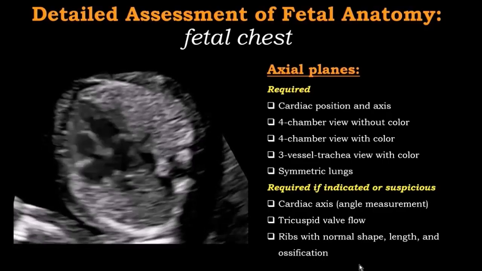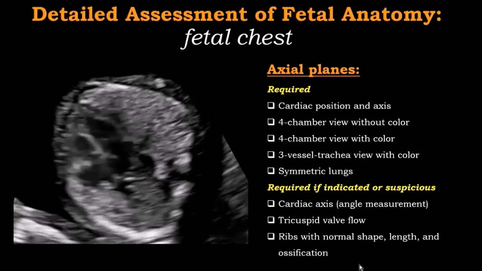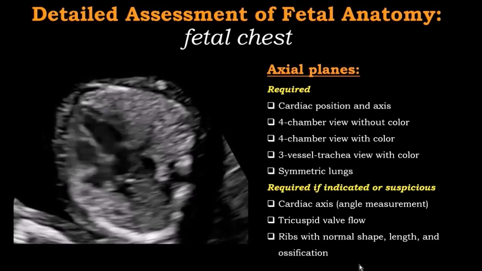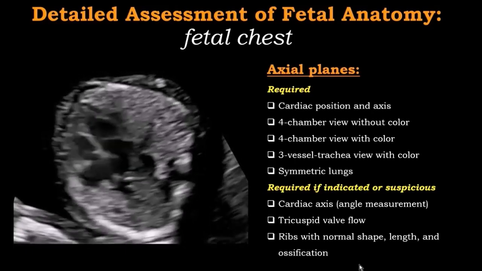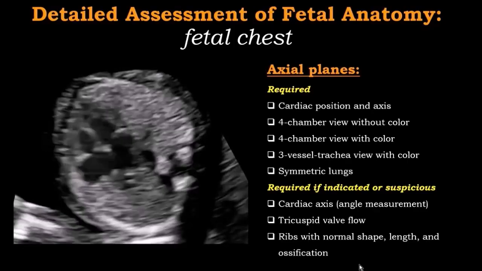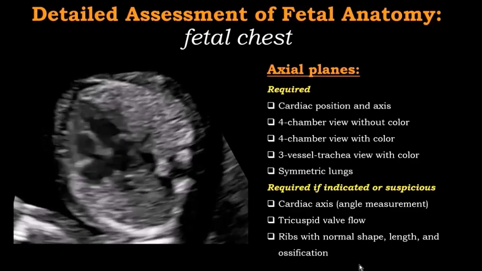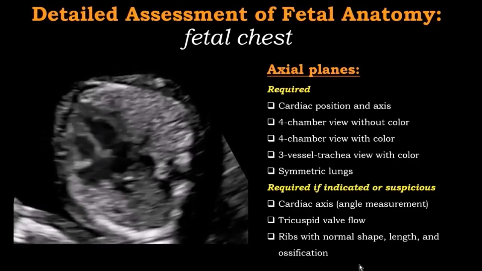Required for those axial planes is the cross section at the level of the four-chamber view, where we need to note the cardiac position and the cardiac axis. We need to obtain the four-chamber views in grayscale and with color, and we will talk in detail about what type of color is preferred for this time of pregnancy that gives the most diagnostic information.